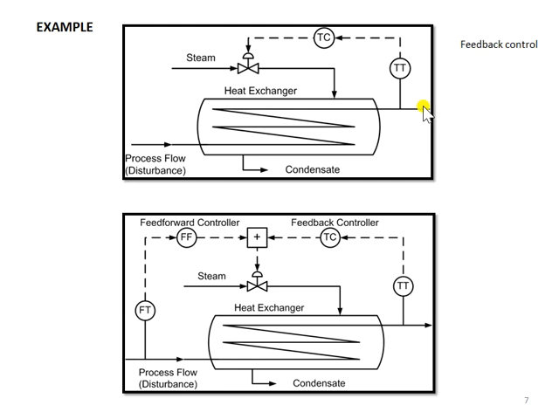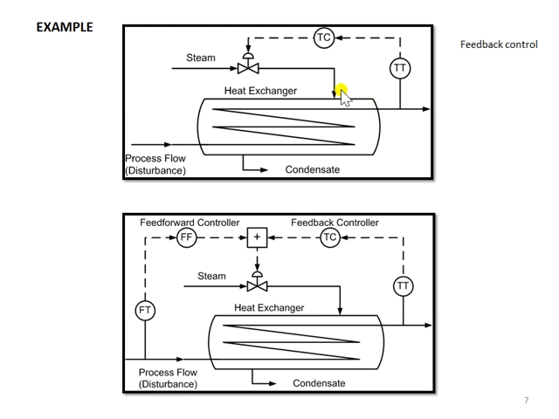The objective of the control loop is to regulate the temperature of the output from the heat exchanger. That is why we have placed the temperature transmitter at the output of the heat exchanger.